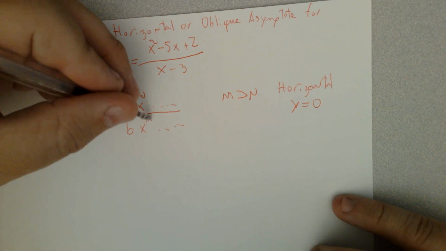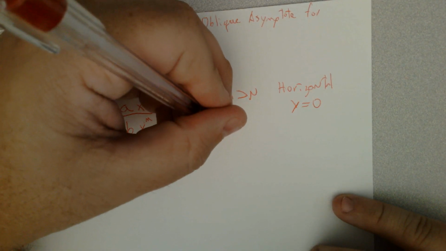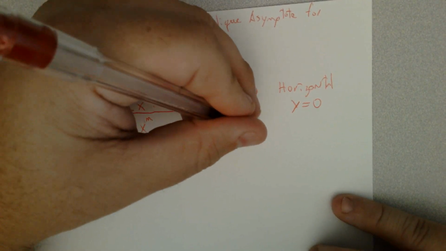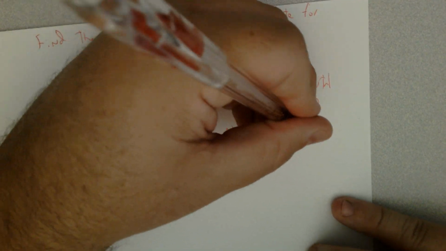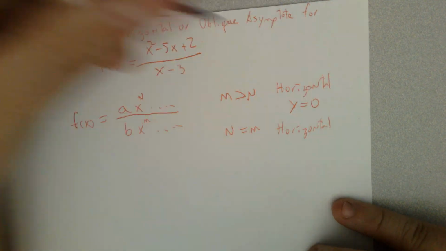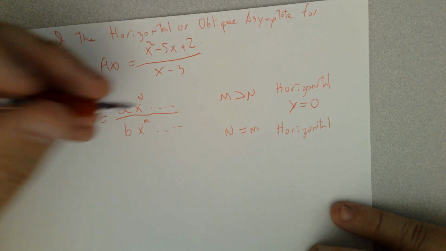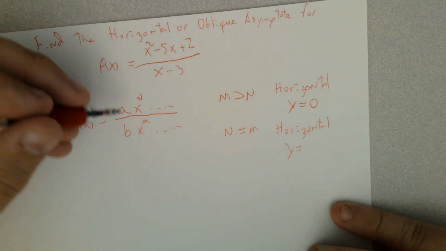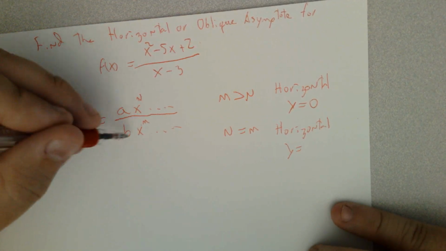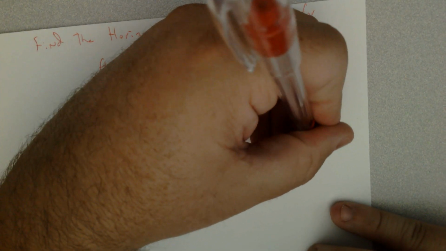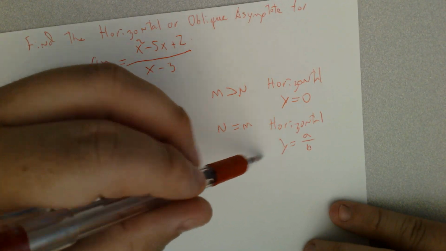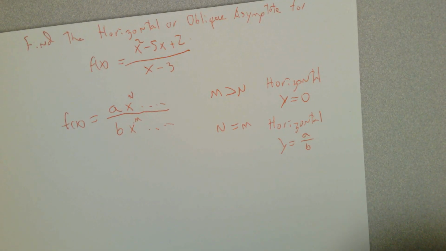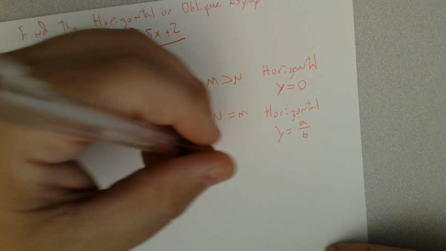If we have the case where n and m are the same, we will also have a horizontal asymptote, and it will be equivalent to y equals a fraction based off the coefficient of those terms, a over b. So as they sit in the equation, the horizontal asymptote will be the line y equals a over b.